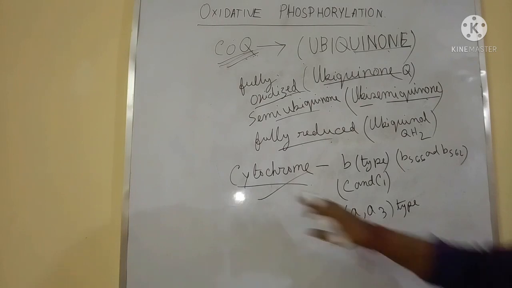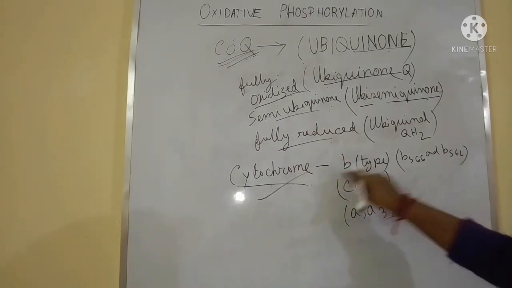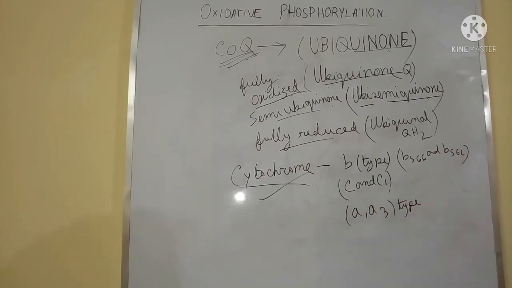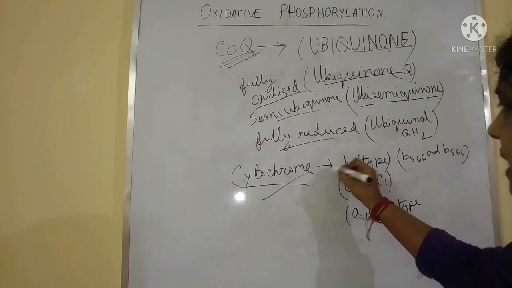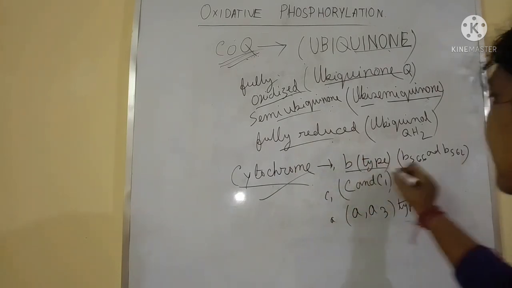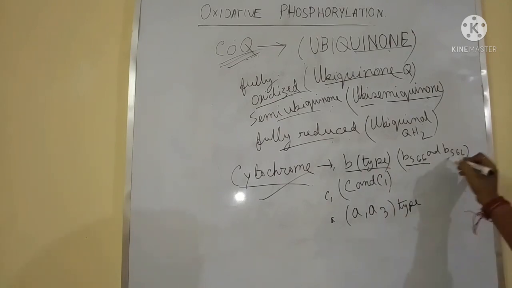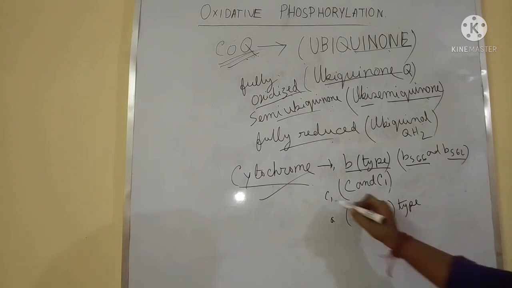Like that, cytochrome has different types. One is B type, another is C and C1 type, another is A and A3 type. These are B type, C type and A type. Clear? The B type are known as B566 or B562.